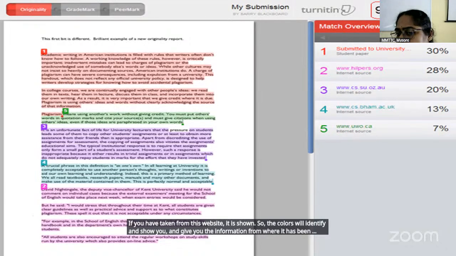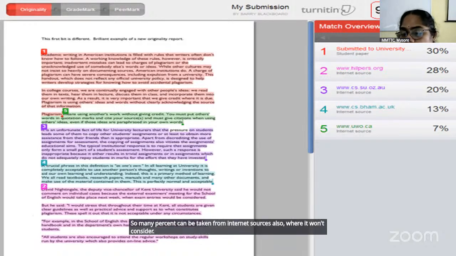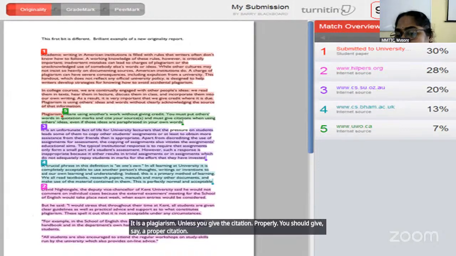And of course, there will be a percentage given. It's already fed. So many percent can be taken from internet sources also, where it won't be considered plagiarism, unless you give the citation properly. You should give proper citation. Then that will be waived off.